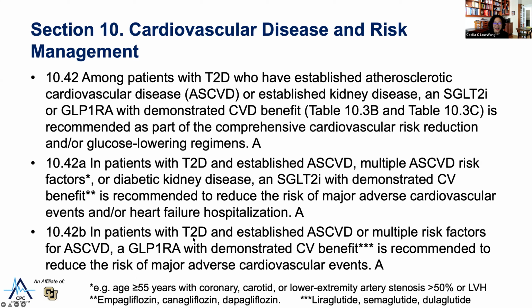And then the difference among all these different recommendations is, depending on what agent you choose, you're reducing the risk of different things. And so GLP-1s will not give you a benefit for heart failure. It can give you some benefit for the kidney, but really for those two things, you should be thinking about an SGLT2. GLP-1s are great for potent glucose lowering, weight loss, and reduction of cardiovascular risk.